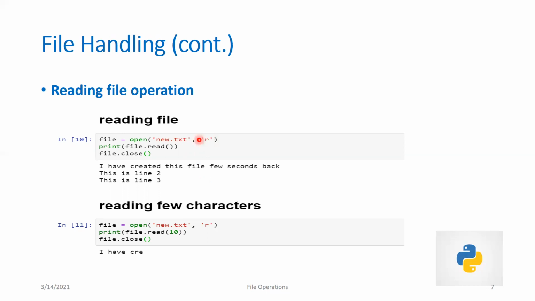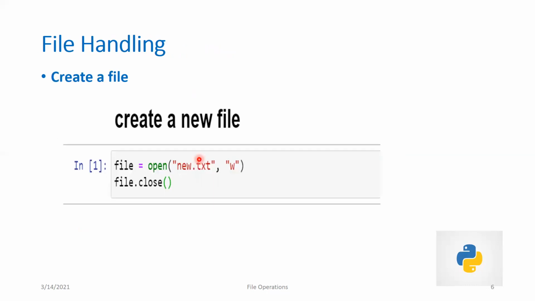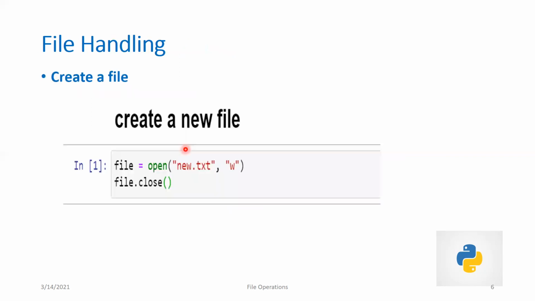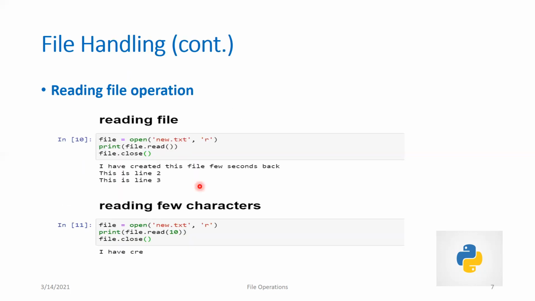Sometimes you may wonder: you open a file in write mode and now want to do the read file operation, but it cannot be possible. You will get an error telling you that you cannot do any read operation on that file because it is opened in write mode. You cannot read. So if you want to read, you have to reopen the file in read mode. So mode is very important.